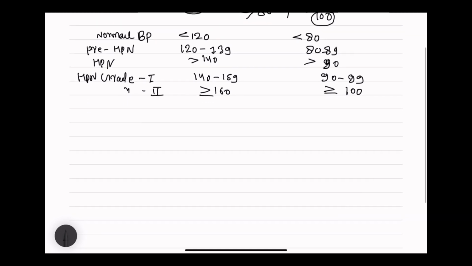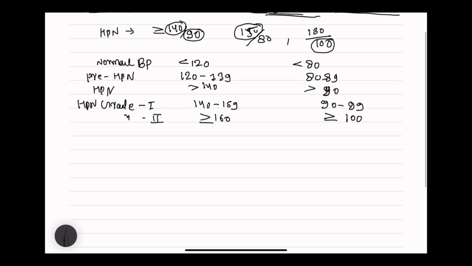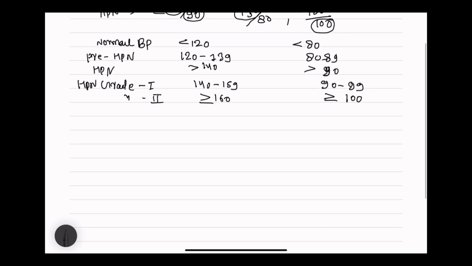So let's go ahead. Now we will discuss the first line drugs in this condition, and then I will also discuss the drugs used in pregnancy. Let's start with the mnemonics.